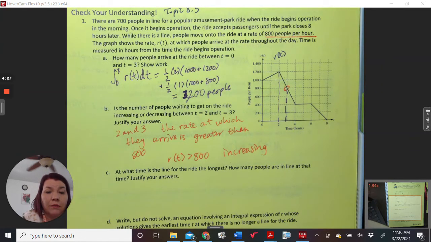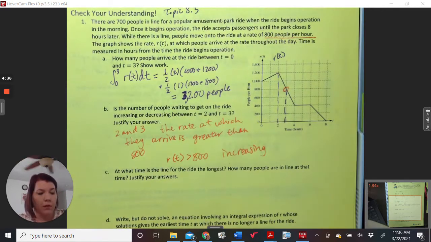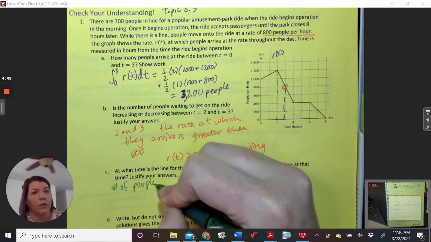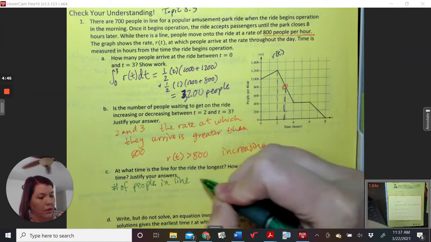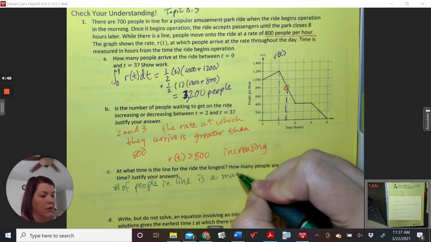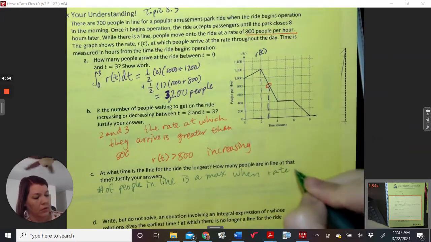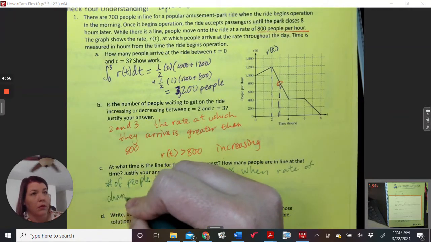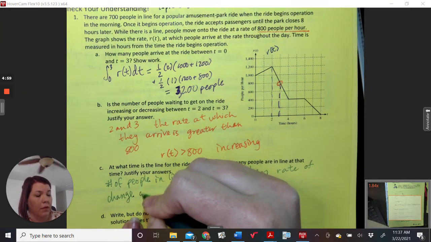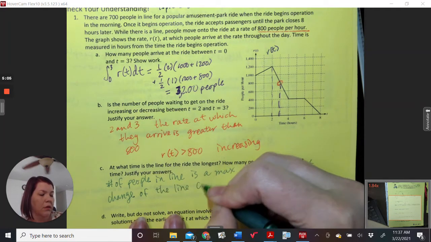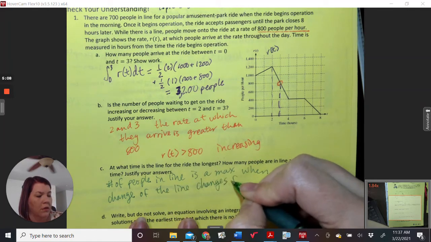When is the ride time the longest? So we're looking for a max. The number of people in line is the max when the rate of change of the line changes from positive to negative.